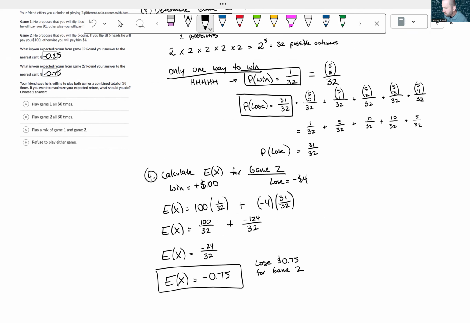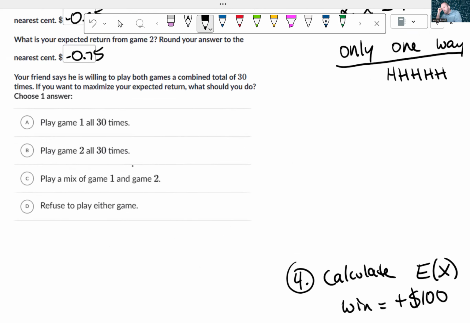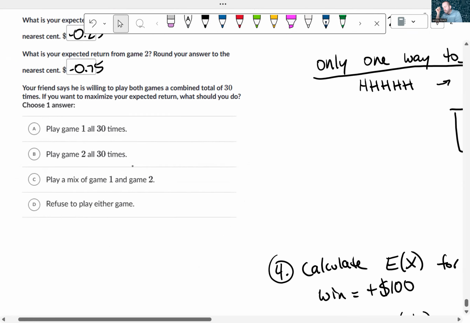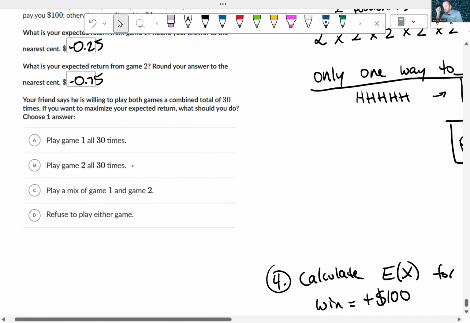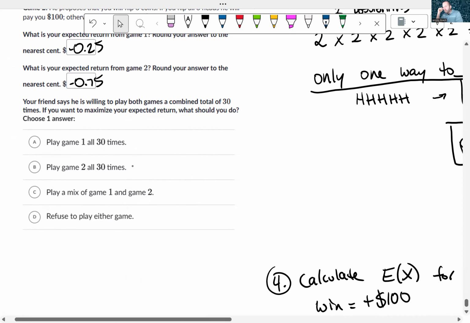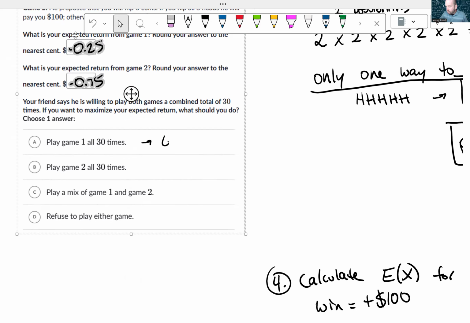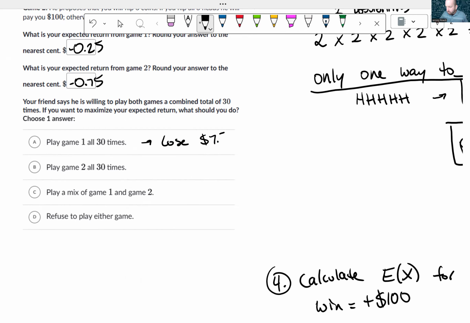-0.75 if we lose. Okay, now it says your friend is willing to play both games 30 times. If you want to maximize your return, what should you do? Play game one all 30 times? Well, if you did that, you would lose 25 cents times 30 times. So in this case, you would lose $7.50. So that's probably not good.